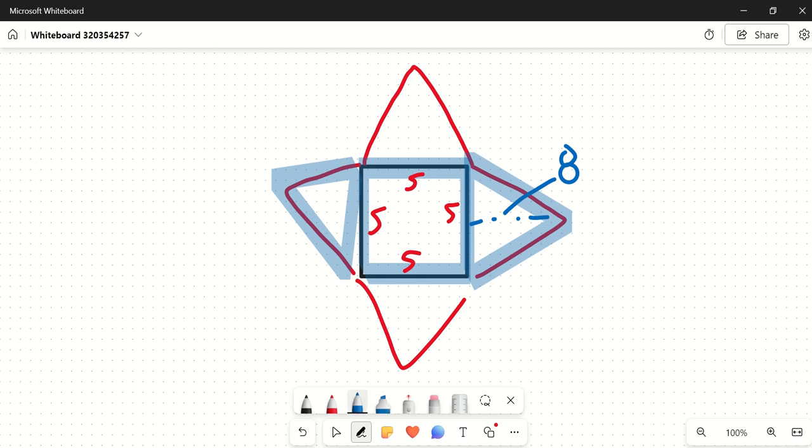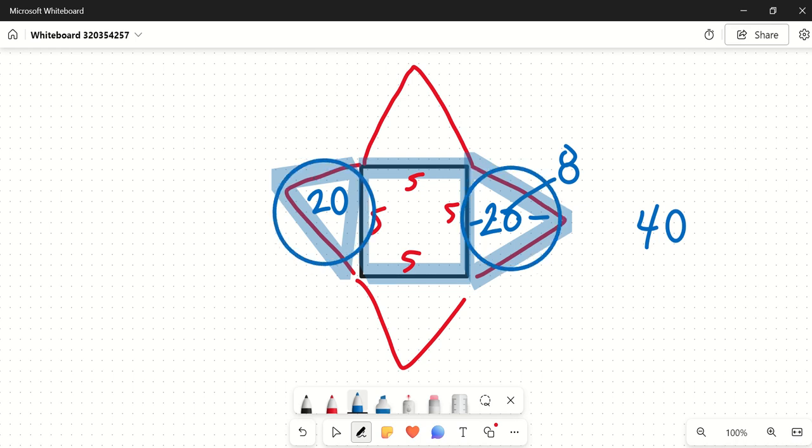Divided by 2, what would the area of this triangle be? So if this is 20, this is also 20. What's 20 plus 20? Isn't that what I had originally before I divided by 2? So if you want to divide by 2 and then take the extra steps, that's fine. I just said if you do that, you have the area for both triangles. In this case, since the base is a square, all triangles are going to be 20.